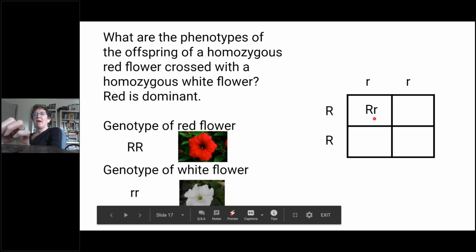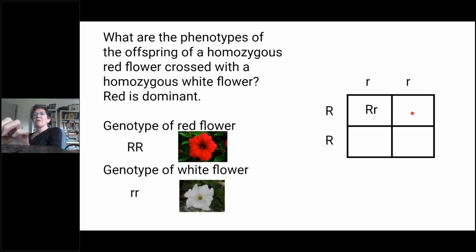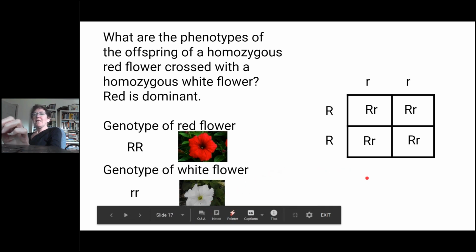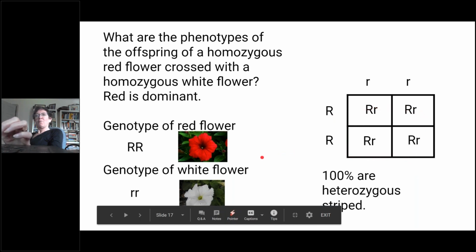So we would have 1 heterozygous, 1 heterozygous, 1 heterozygous. All of them are going to be heterozygous, with the gene for a red flower and a gene for a white flower. If that results in striped flowers, how many of them would be striped? 100%.